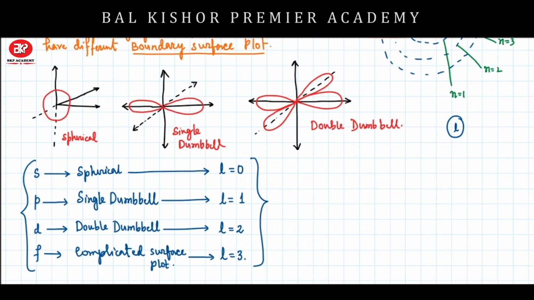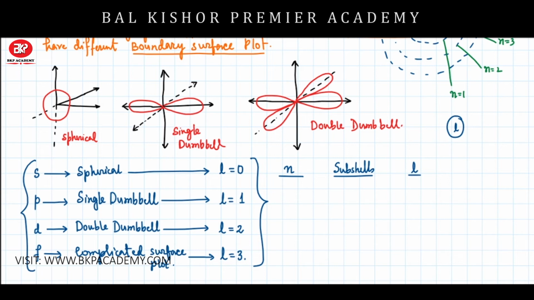So we have already seen that if I make a chart like this, this is the principal quantum number, and here we have the subshells, what are the subshells that the energy level contains, and the value of l.